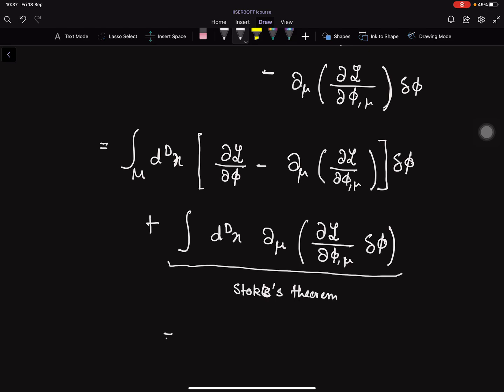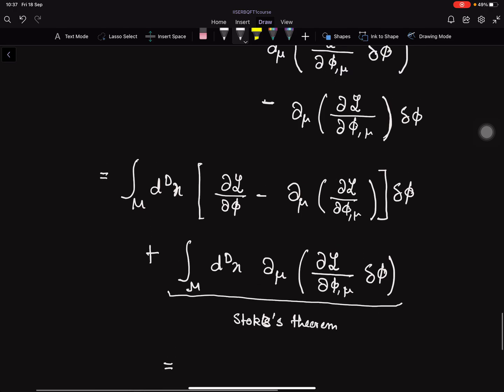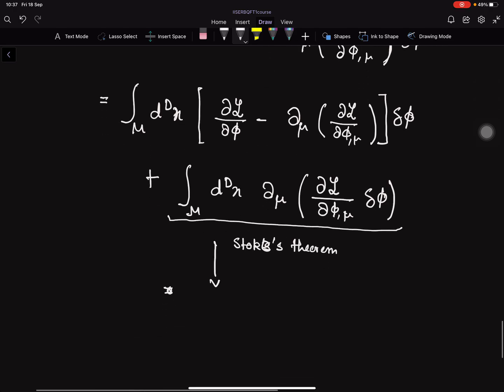And this term then can be written as, so there was an integration over M. The second term, only the second term, so I do not say equality, can be written just as n_mu times the derivative of L with respect to phi_mu. So these mu's are contracted, times delta phi.